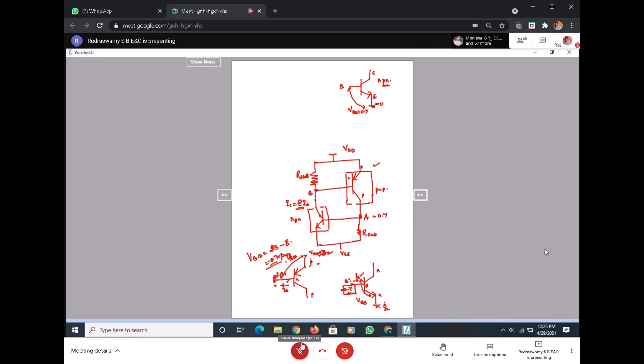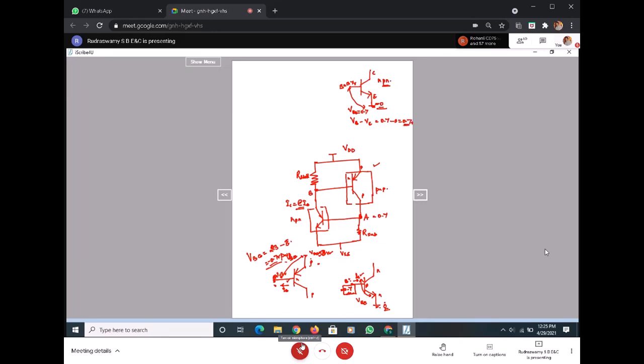Since the emitter is at ground potential, what should be the base potential in order to have VBE around 0.7? Common sense, this is 0.7 volts. What is VBE? It is VB minus VE. VB is 0.7, VE is at 0, so it is again 0.7 volts.